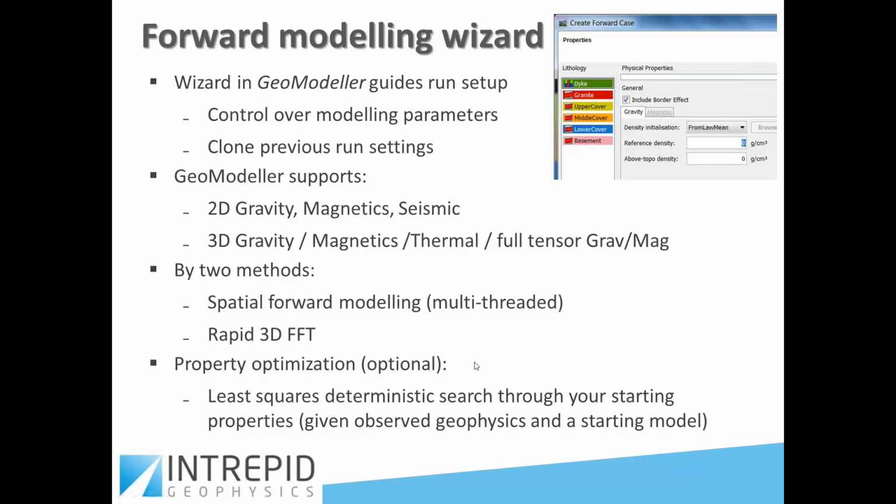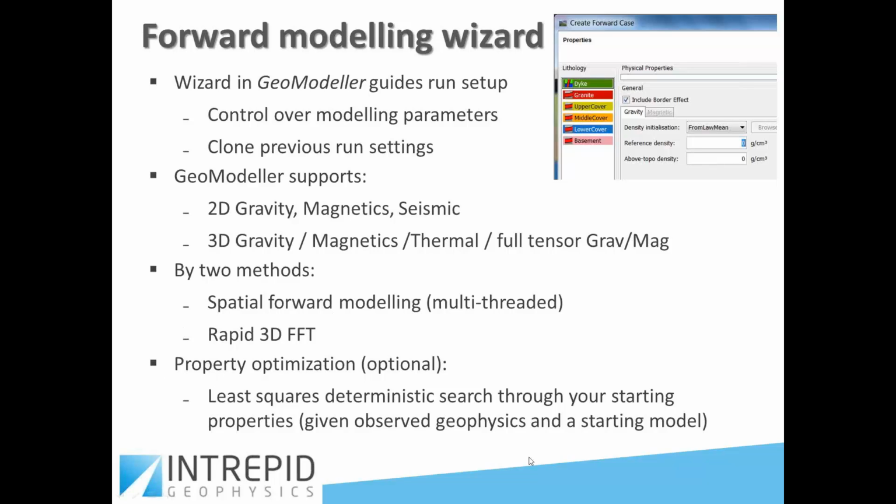Another option available in the wizard is that you may choose to do a property optimization, and this is when you have observed data for all your different rock lithologies in your area of interest of your model. You may have some to a good degree of knowledge and others less well known. In fact, you may be just choosing something off published data for a general sandstone density, and so forth, and you really are guessing.